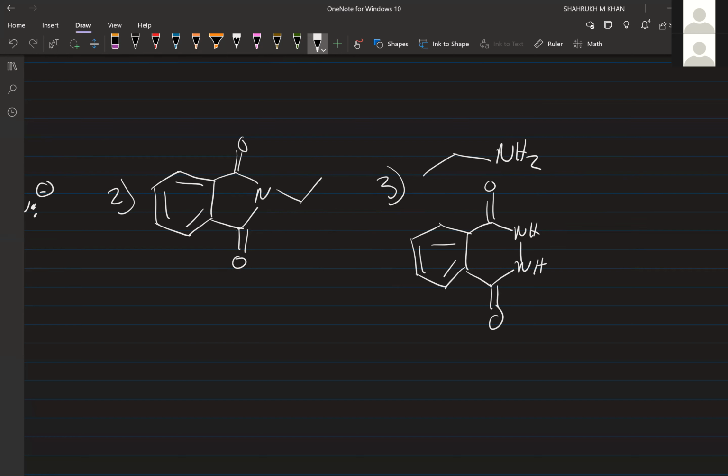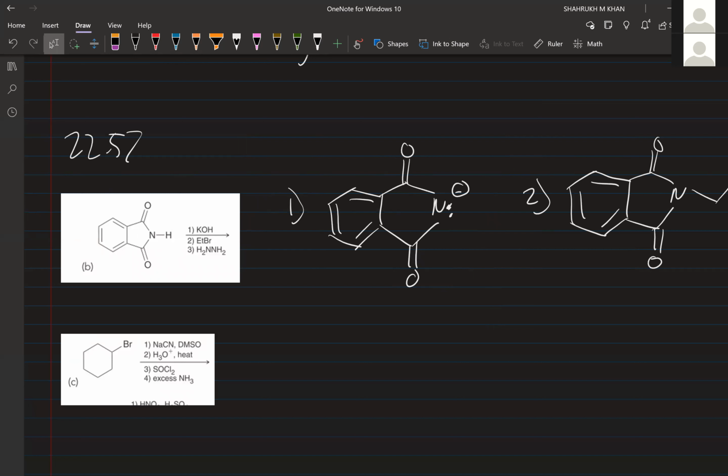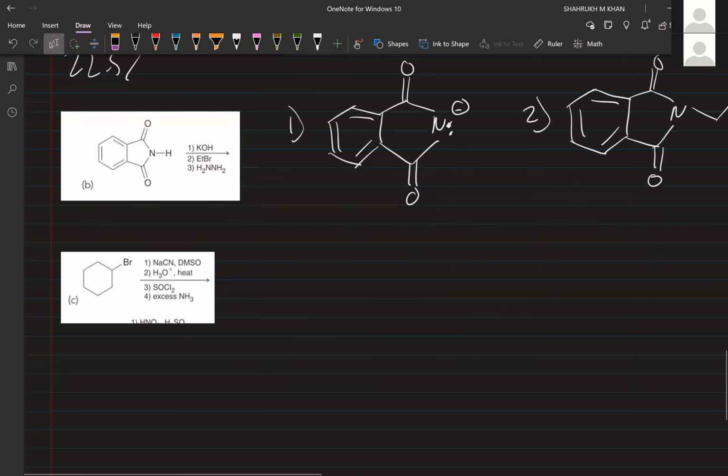So let's go on to C. Okay, so we have alkyl bromide with NaCN in DMSO. You see a strong nucleophile, you see a polar aprotic solvent. What kind of reaction is the first one?